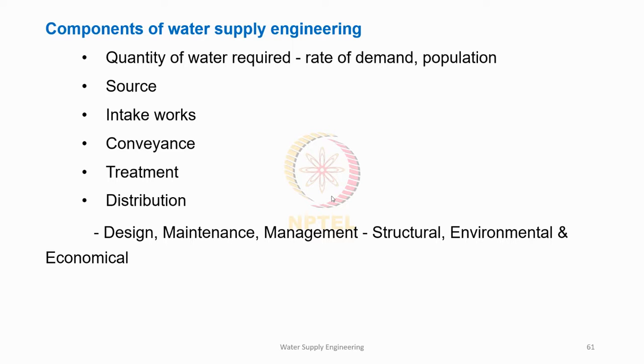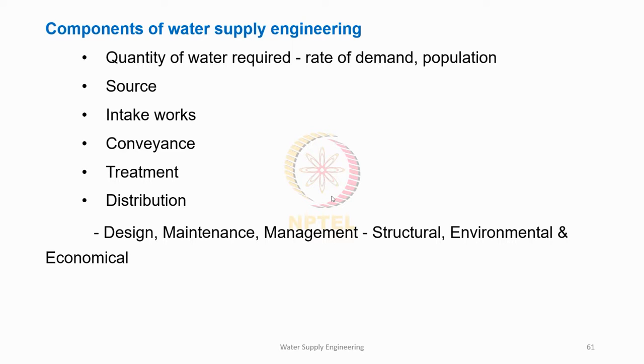So, first of all, to decide the source, to fix the source, we need to estimate the quantity of water required, which depends upon the rate of demand, which we discussed earlier, and the population of the area.